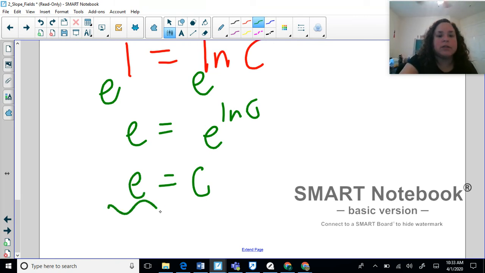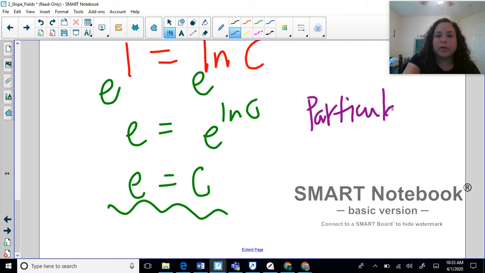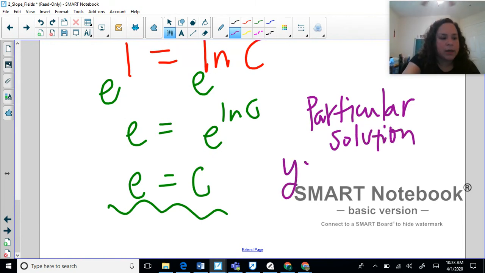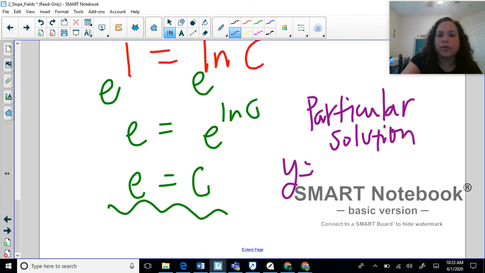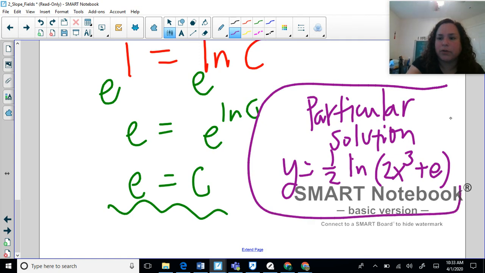We plug this into the general solution to get our particular solution. So the solution to this question is y equals 1/2 the natural log of 2x cubed plus e. This is our answer.